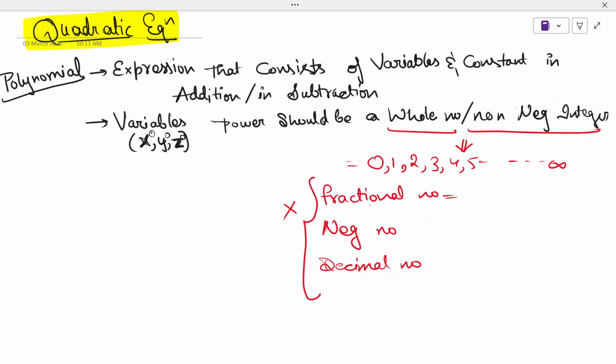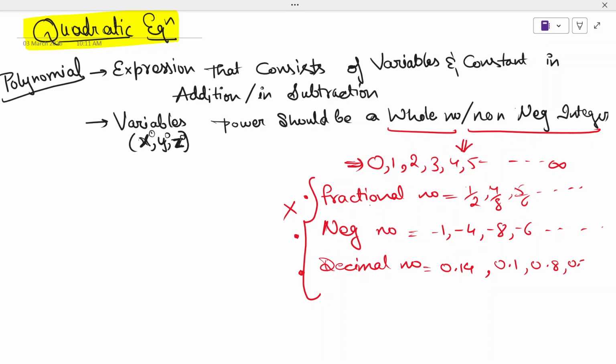Fractions are like 1 upon 2, 4 upon 8, 5 upon 6. Negative numbers are like -1, -4, -8, -6. And decimal numbers are 0.1, 0.4, 0.8, 0.7.